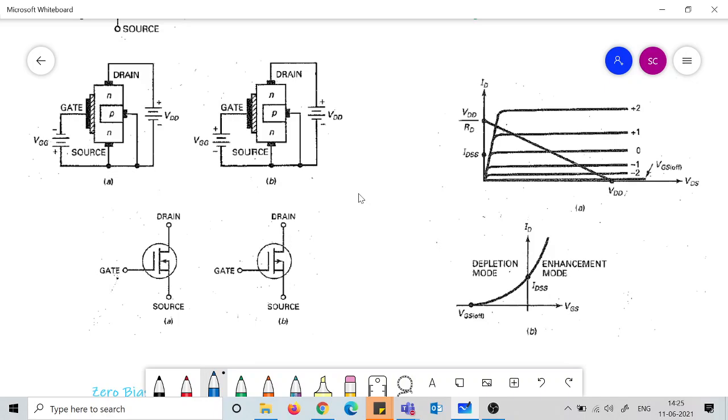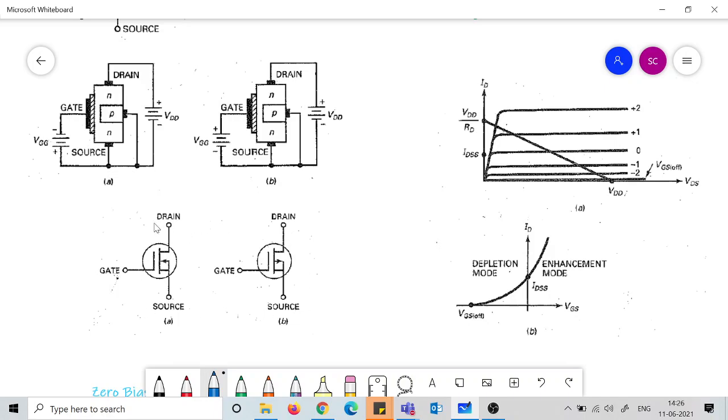The depletion type MOSFET works in two modes, there also depletion and enhancement. So don't be confused here, try to distinguish these things a bit carefully. The enhancement type MOSFET does not have two modes of operation, it only has the enhancement mode. So there is no further distinction there.